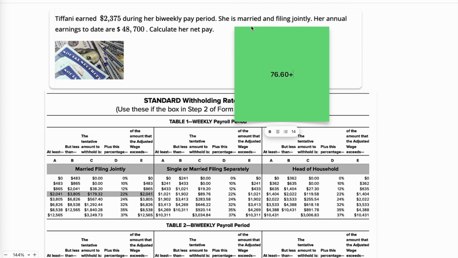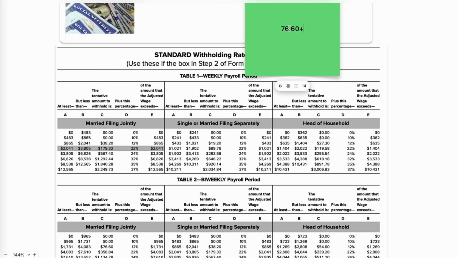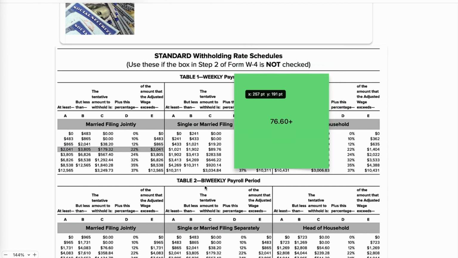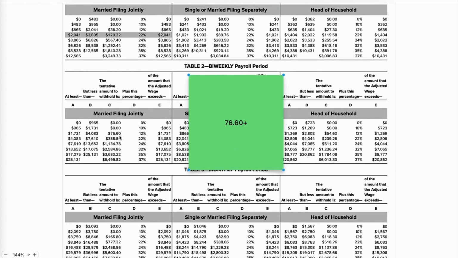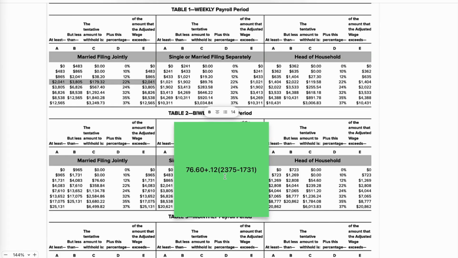And then we're going to add, if we go back down here, let me see if I can move this. Okay, so we're going to take $76.60, and then we're going to take 12% of anything that's over $1,731. So this will tell me the amount that it's over the 1,731.